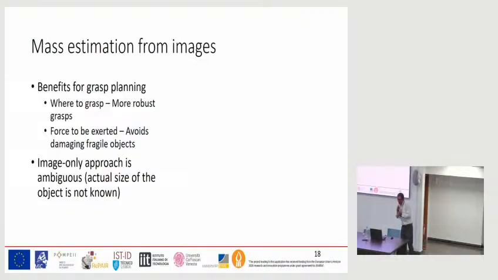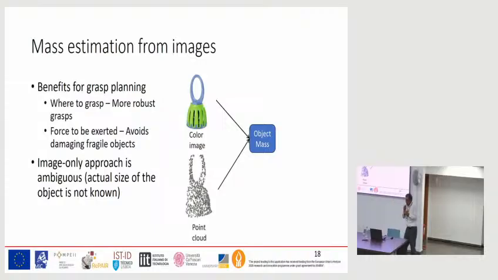And the other issue here is that if you use only an image, then we have the problem of not knowing the right size of the object. The image doesn't provide the size in meters of the objects. So what we decided to use, in addition to the image, is the point cloud. You have the image on top and the point cloud that corresponds to the object on the bottom. Using both sources of data, we are going to estimate the mass.